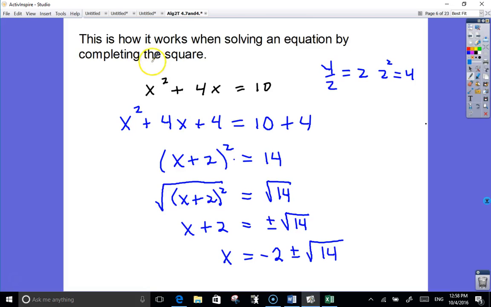What if I subtract the 10 to the other side? X squared plus 4x minus 10 equals 0. So you can ask yourself, is that factorable? Are there factors of negative 10 that add up to 4? And the answer is no, right? That's why you're getting answers that are irrational, because it wasn't factorable in the first place.